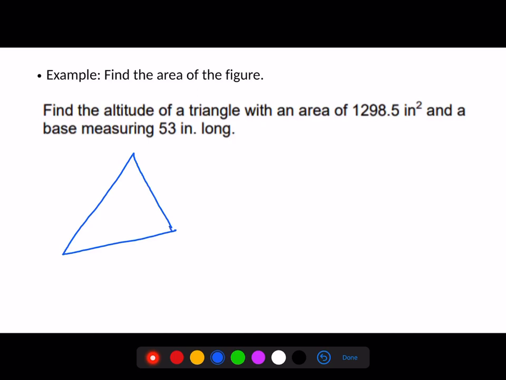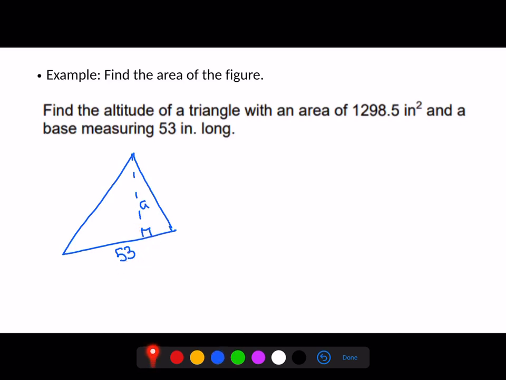So I have my triangle here. I know that I want to find the altitude. And I know that I have a base that's measuring 53. So if I'm finding this altitude here, my base needs to be perpendicular to it.